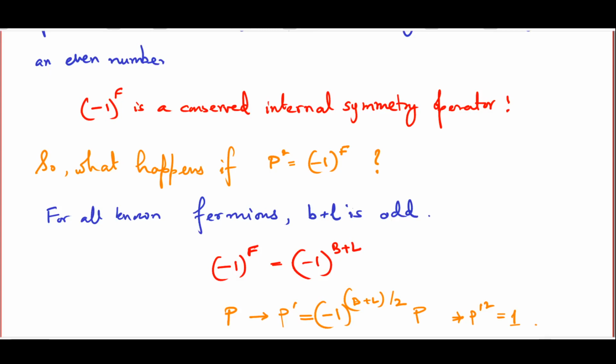So as far as known fermions are concerned, even this possibility of P² being equal to (-1)^F would not lead to a departure from P'² being equal to 1, and hence intrinsic parities being plus or minus 1.